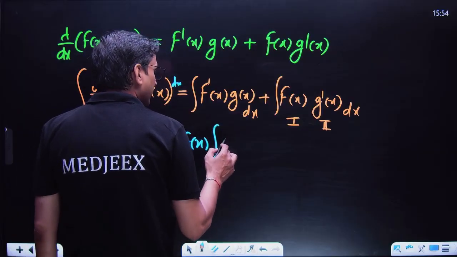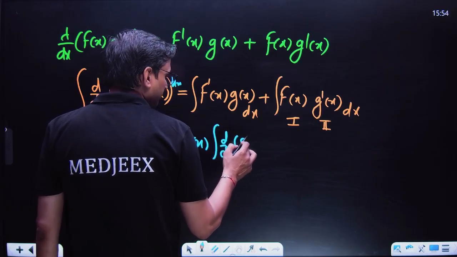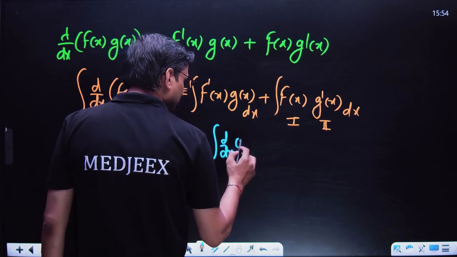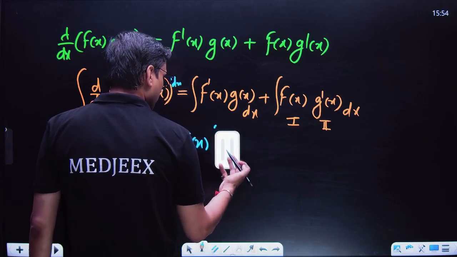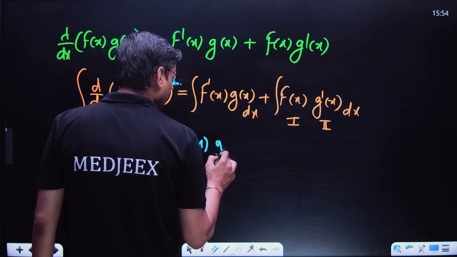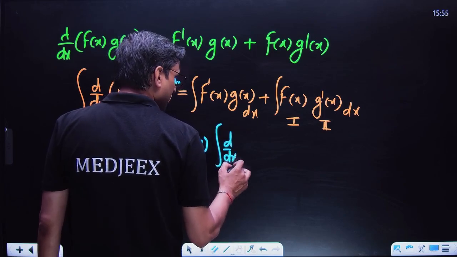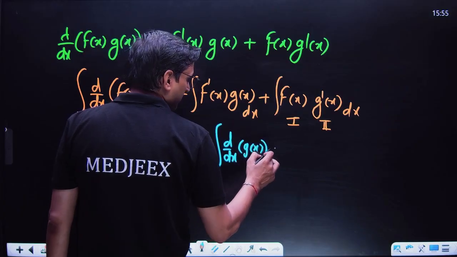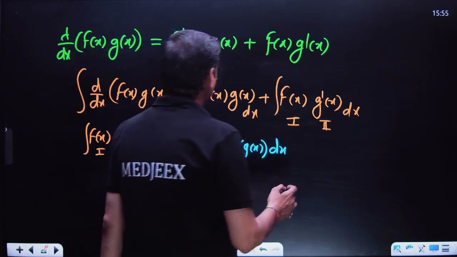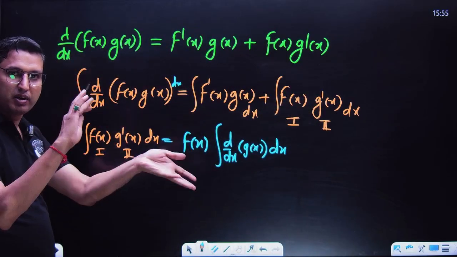So what I can write is d by dx of g(x), likewise this. I can write the integration of d by dx of g(x) dx. Is this clear now? Now this term is taken to the right side and written on the left by rearranging.